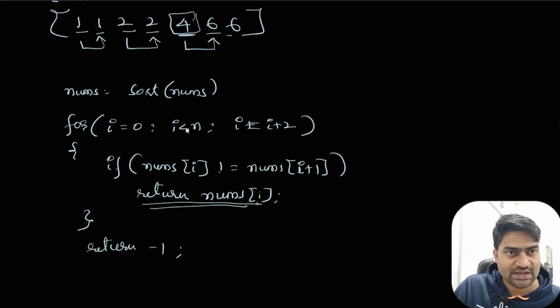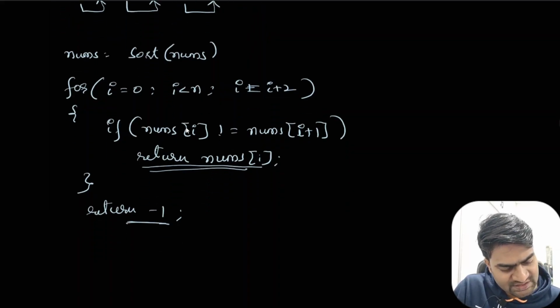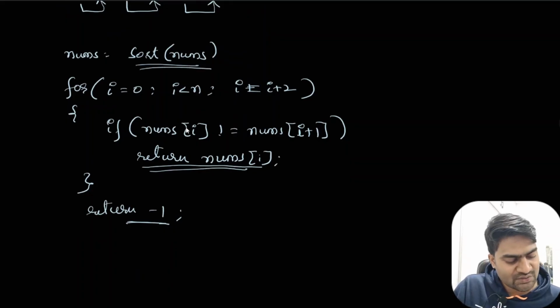This will for sure give us the output, because there will be one number which appears only once and the remaining numbers will appear twice for sure. That's a constraint, right? So it won't come here. With this, first we are sorting and then checking each number with the next number.